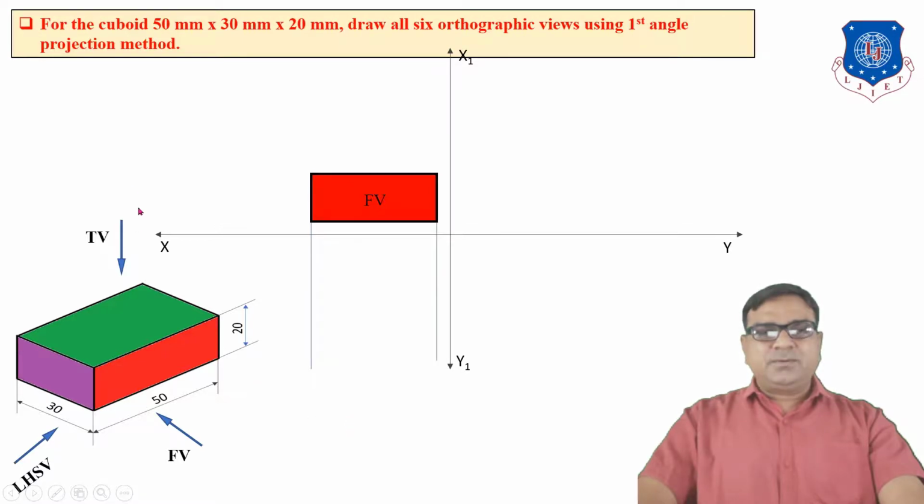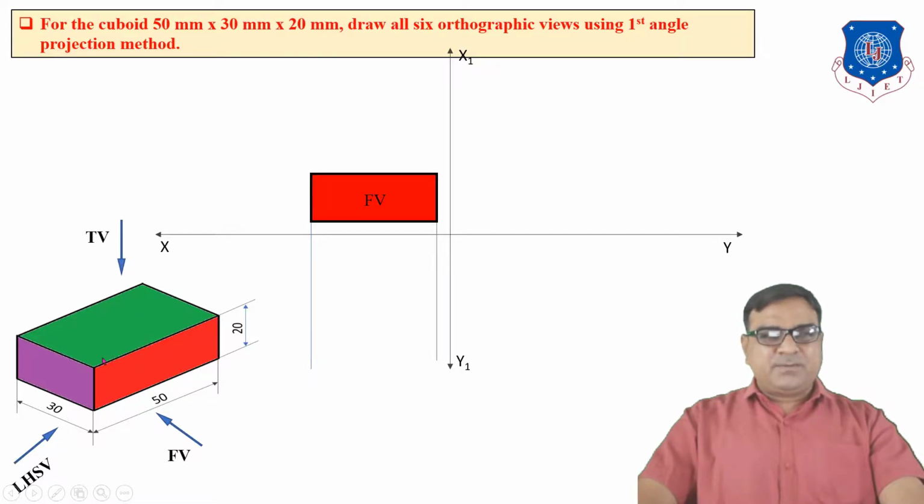Now top view, so when we observe from top, we will get two dimensions, length and width. That time the height is hidden. When we observe from front, we can see length and height, but what about width? We cannot see the width of the object. So front view represents two dimensions only, length and height.